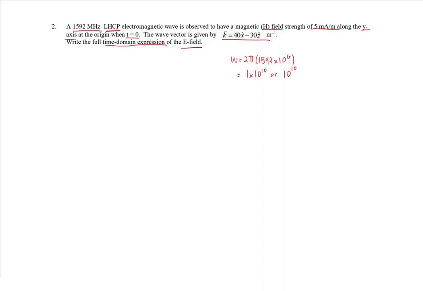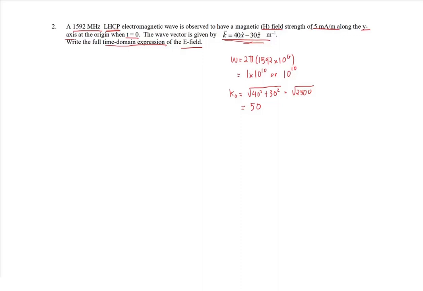Let's figure out our magnitude for our k, because we're going to need it. So k naught is going to be the square root of 40 squared plus 30 squared, coming from here. That is just root of 2500, which comes out as 50.